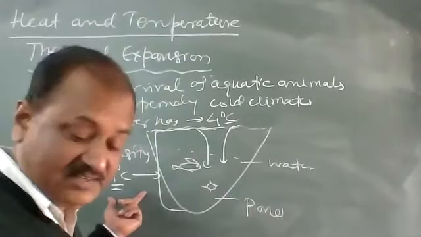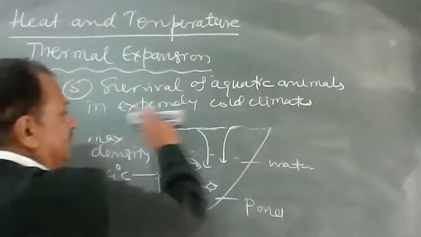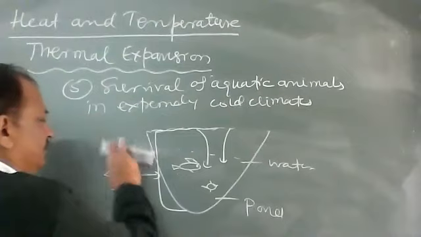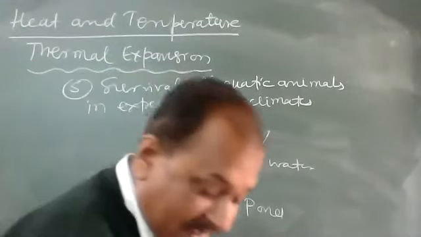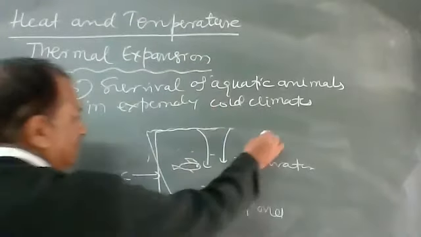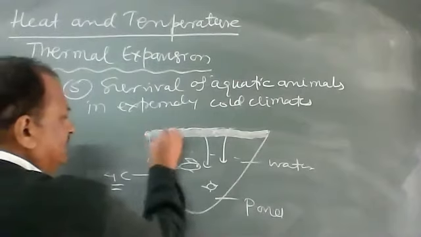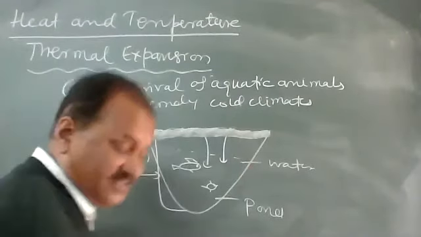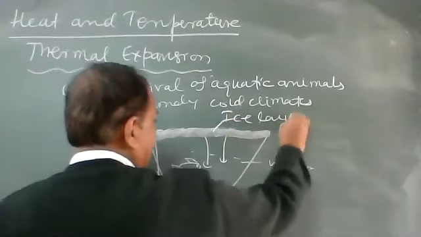4 degrees Celsius. Then the temperature at the top starts decreasing, and then there is the formation of ice. This is the ice layer.